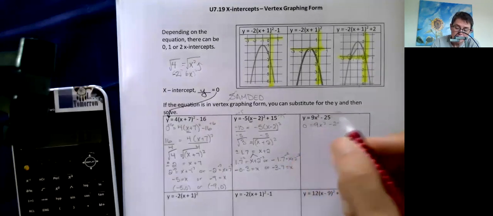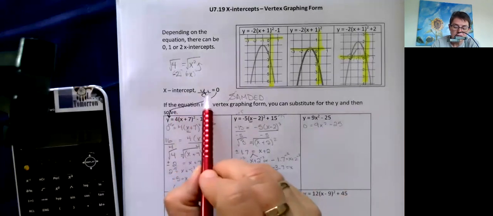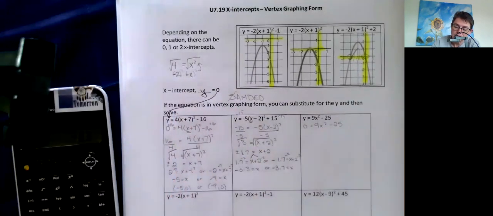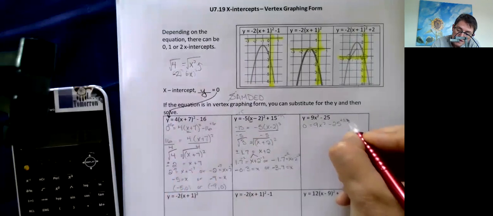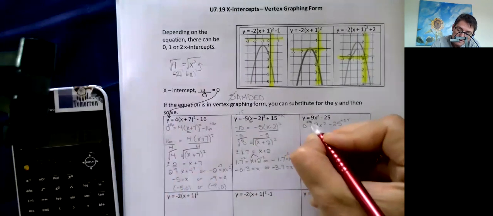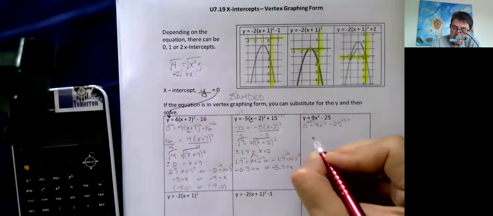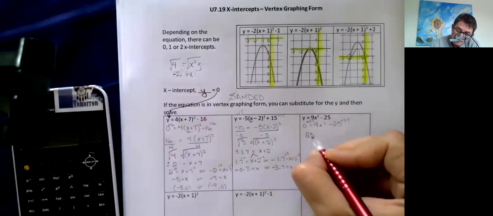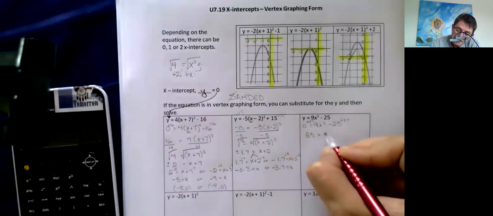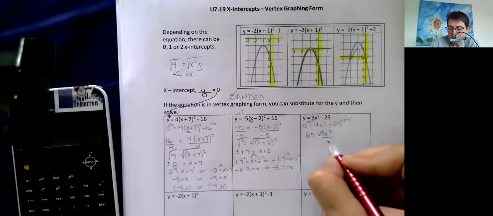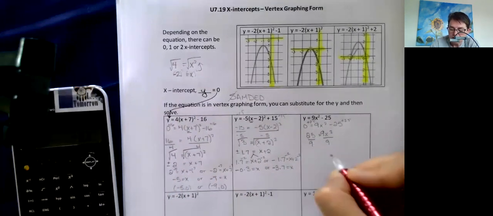And the reason, again, is when you're doing the x-intercept, y is equal to 0. So we can do that cool little substitution. Plus 25, plus 25. And I'm going to get 25 is equal to 9x squared. And then we divide by 9, divide by 9.